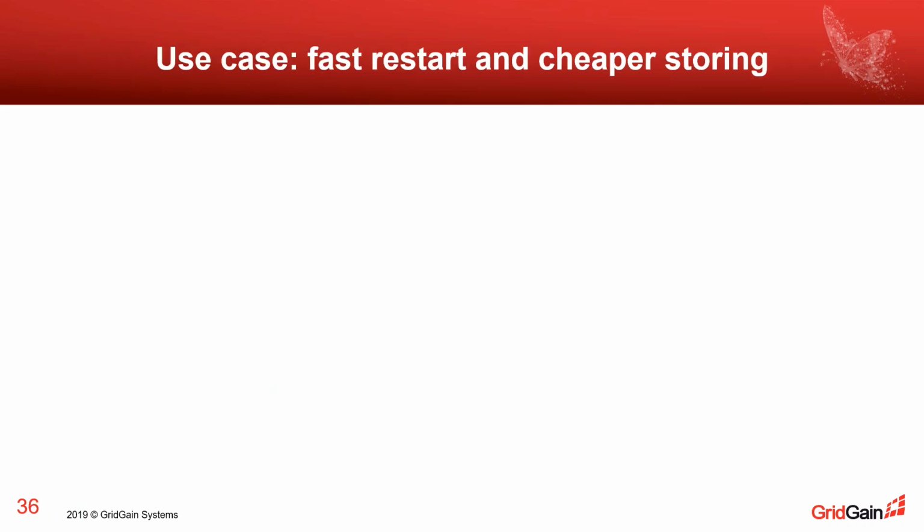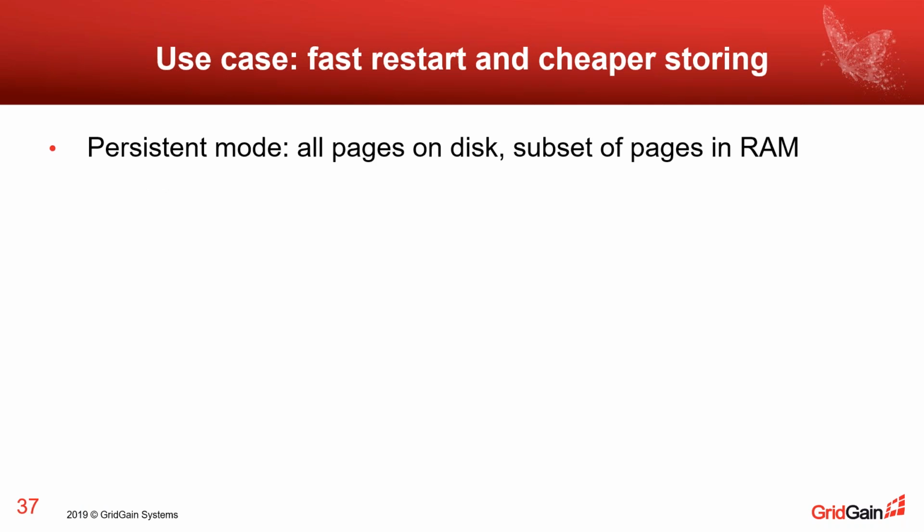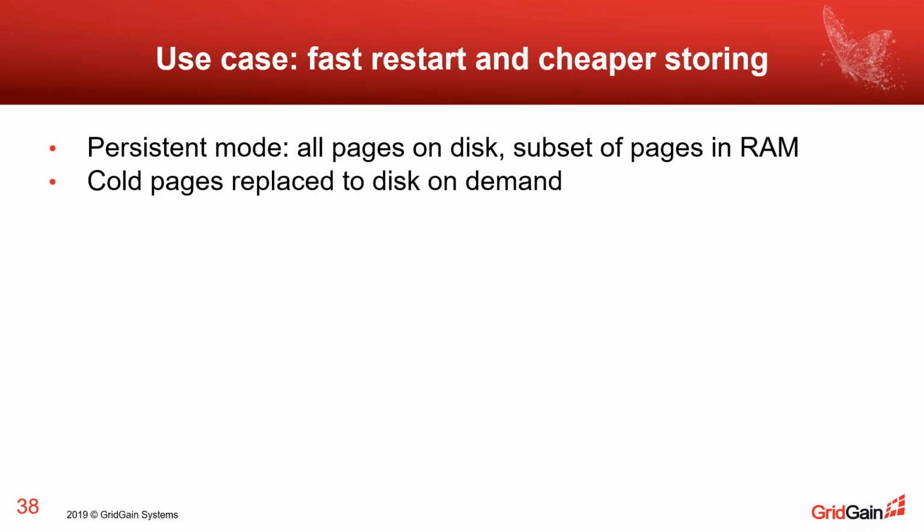Okay, let's proceed to persistence and what persistent mode is needed for. First of all, it is fast restart. So if you configure persistent mode, all pages are present on disk, and only part of the pages are present in RAM, and the pages present are the hottest, and cold pages are not removed completely, like in the memory case with eviction mode, they are just replaced to disk.